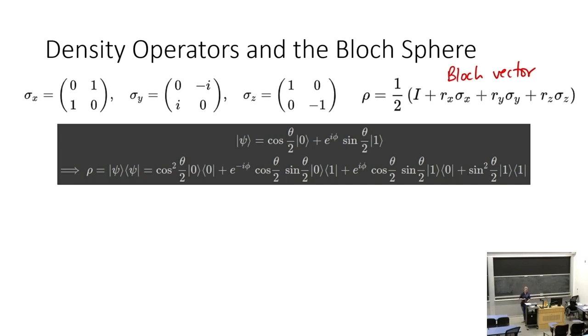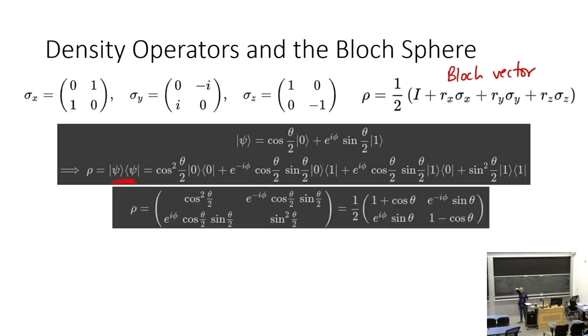Now, once you have this all expanded out, you can rewrite it as a matrix, just to simplify your life. So you now have your density matrix, which has cosine squared theta over 2, e to the minus i phi cosine theta over 2 sine theta over 2, e to the i phi cosine theta over 2 sine theta over 2, and sine squared theta over 2.